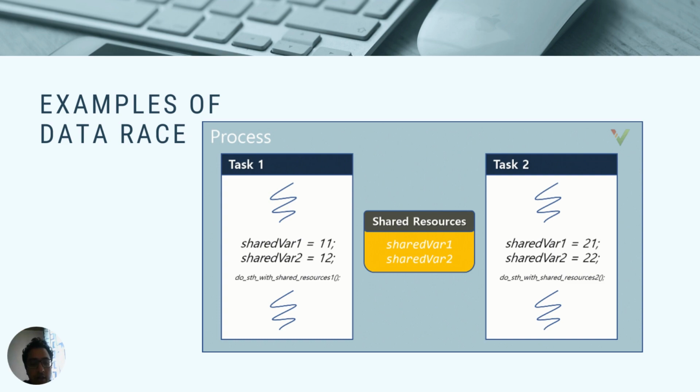However, without any protection mechanism, the value read may be 21 or in some conditions even a corrupt random value. Because of the concurrent execution of task 1 and task 2, the shared resource shared var1 may be written in task 2 before being read again.